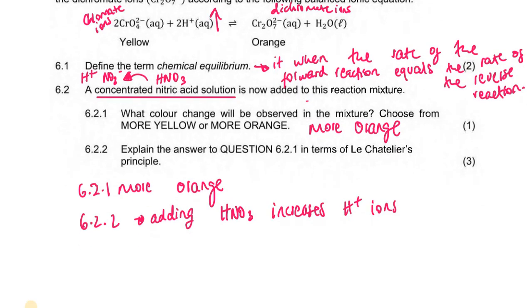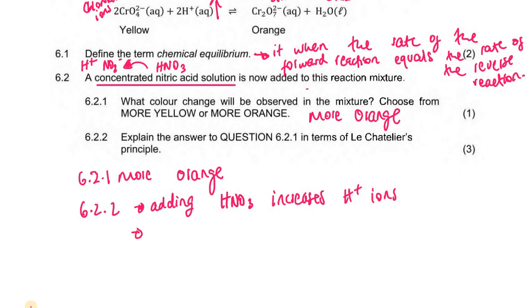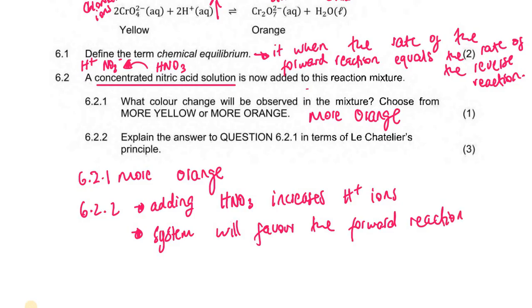If this increases H plus ions, how will the system respond? So the system will favor the forward reaction. It will favor the forward reaction to counteract the disturbance, you understand?